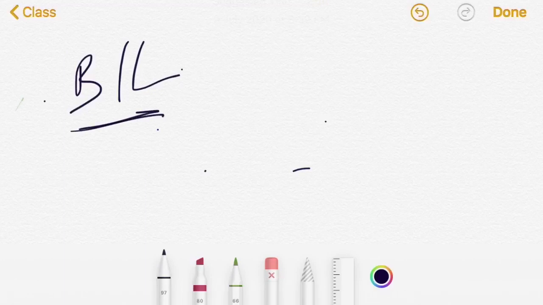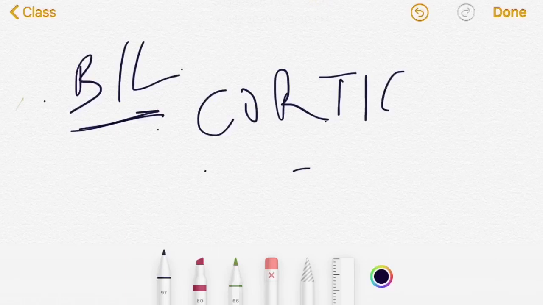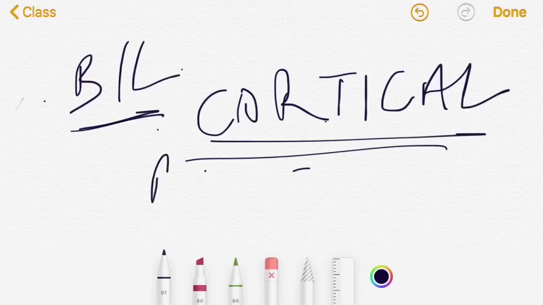Now, if there is a bilateral lesion instead of being unilateral, then that pathology is called cortical blindness. That person is suffering from blindness because the bilateral lesion is there.